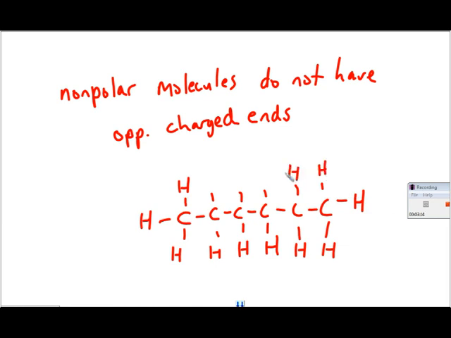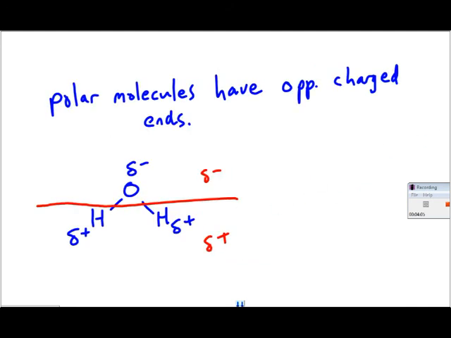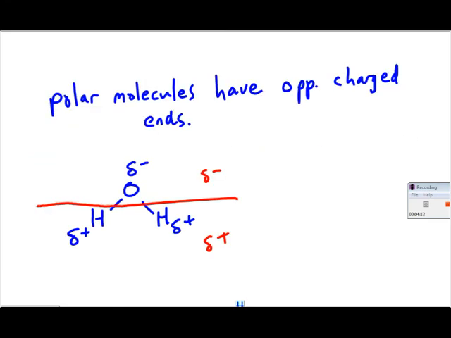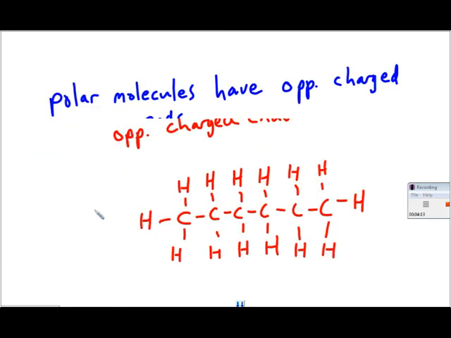And so if they're sharing electrons relatively equally, then there are no charges. If everything's sharing roughly equally, they're not gaining any electrons, they're not losing any electrons. They stay neutral. And so if that neutral substance, which does not have any charges, passes by this charged rod, it has a negative charge, there's no positive charges on that hexane to be attracted to it. So nonpolar molecules are not attracted to the rod.